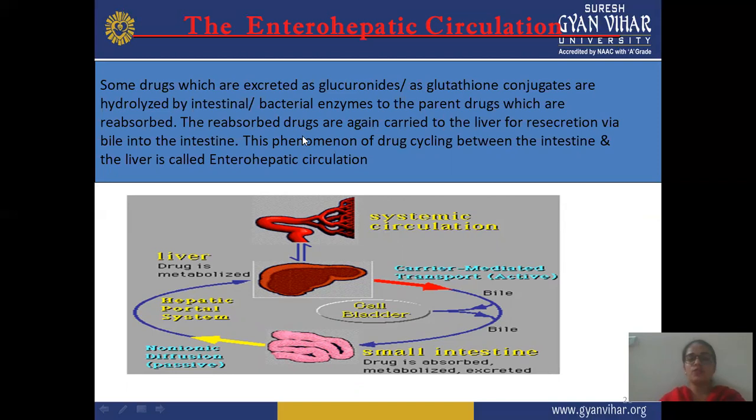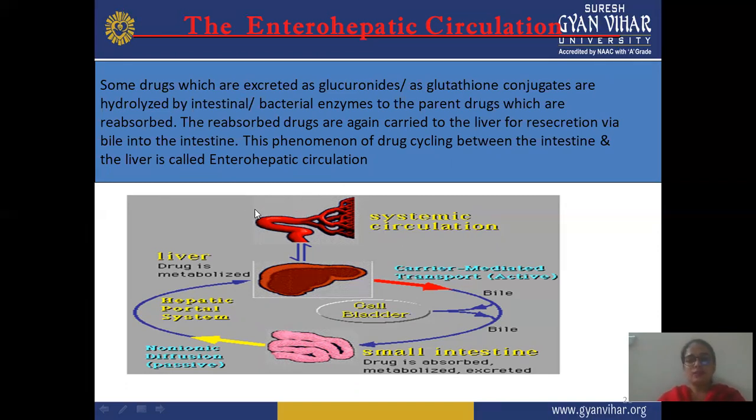The reabsorbed drug is again carried to the liver for resecretion by bile into the intestine. The phenomenon of a drug cycling between the intestine and liver is called enterohepatic circulation.